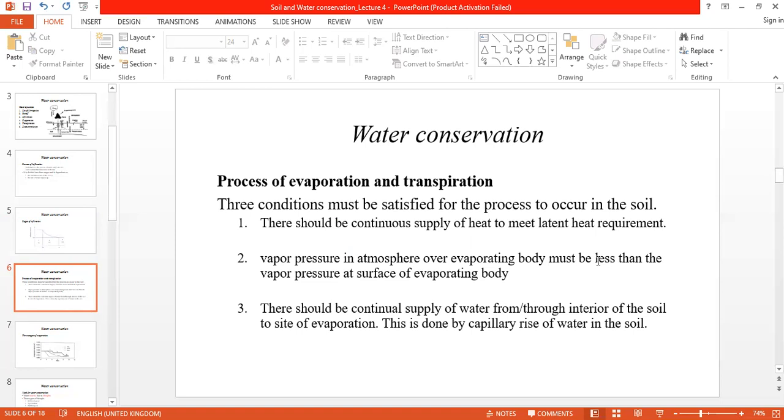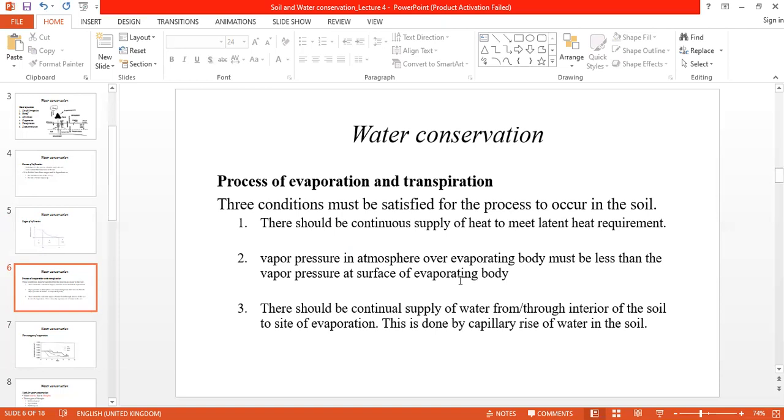So there should be less humidity in the atmosphere for evaporation to take place. So the vapor pressure in the atmosphere, the humidity, should be less than the one in the soil, such that now the water will start moving into the atmosphere.